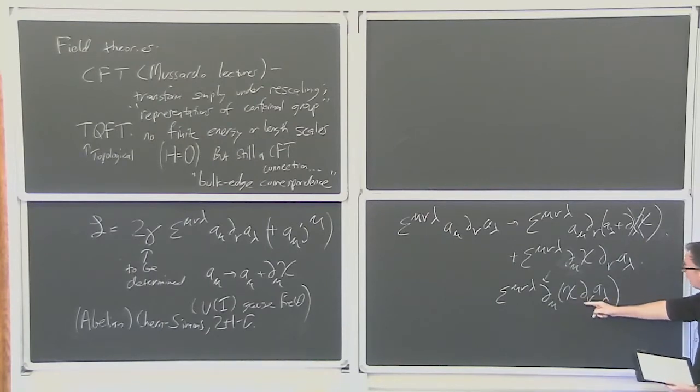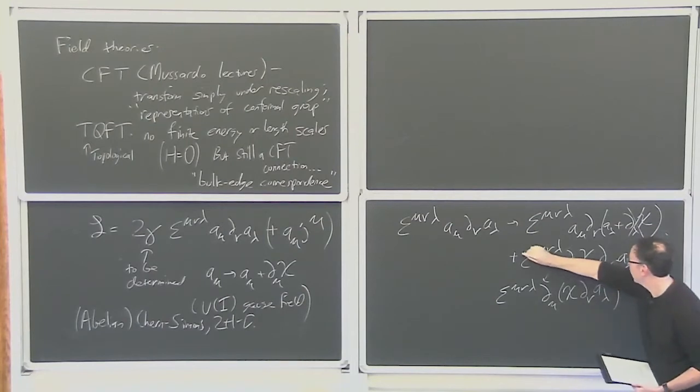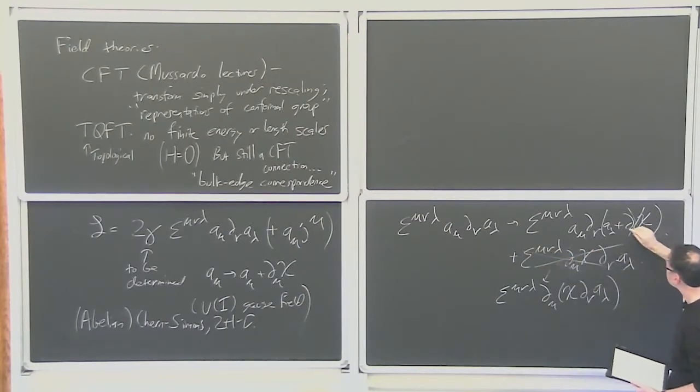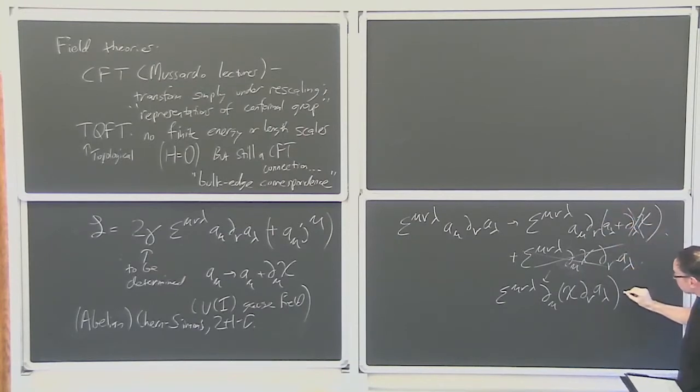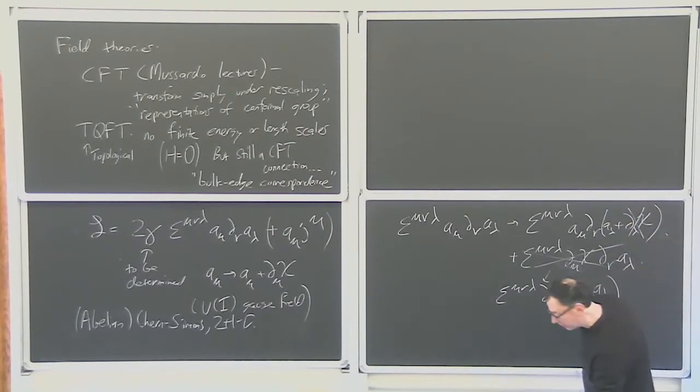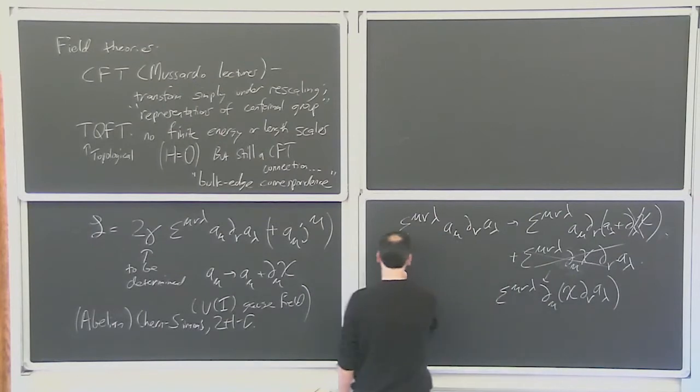So this is what I mean by a boundary term. So what I get after the gauge transformation is what I had before plus something that is only a boundary term. So that means I'm okay if no boundary.